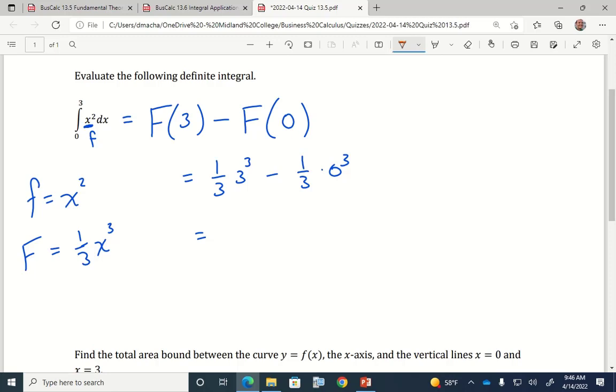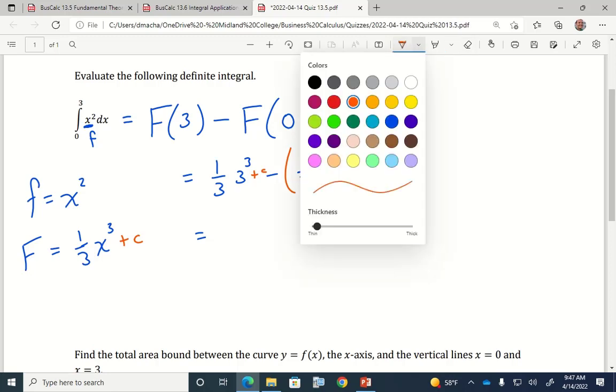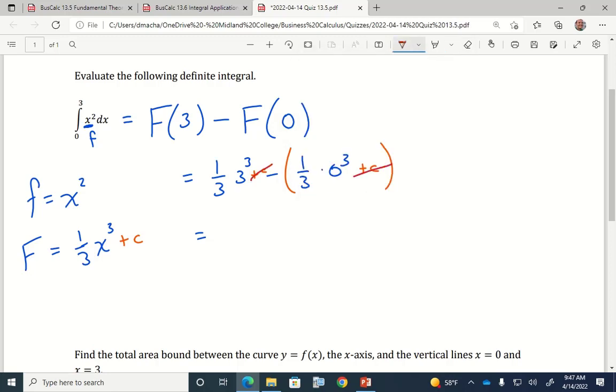But the weird thing that happens with the definite integral is that if I put a plus c here and evaluate this, I would have a plus c, and then I would evaluate the antiderivative at 0, and I would have a plus c, so you would have minus c, and then they would cancel out. And that always happens for a definite integral. So we don't actually need the plus c's. Those are eventually going to cancel each other out.